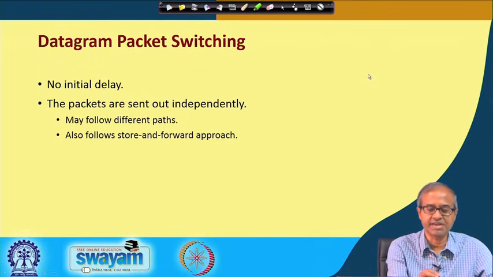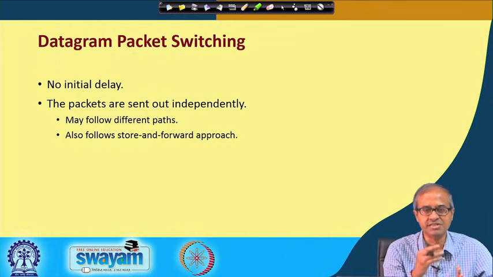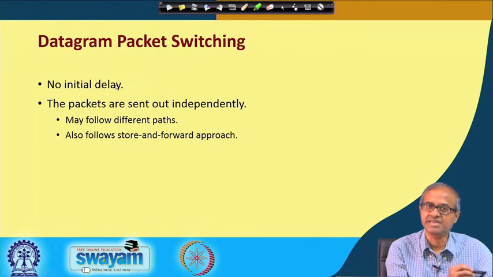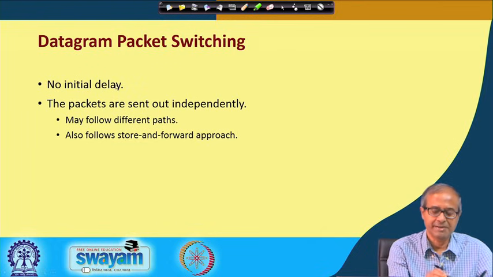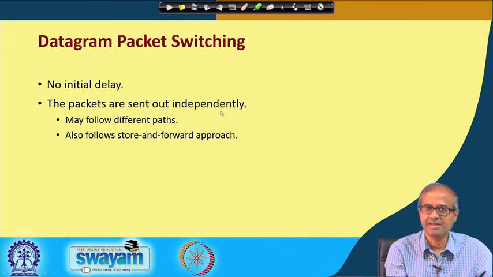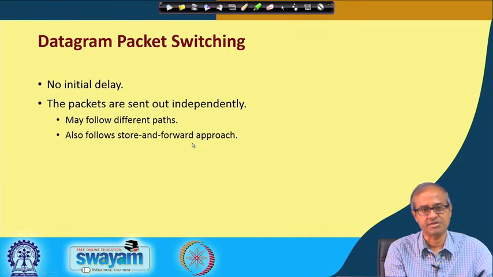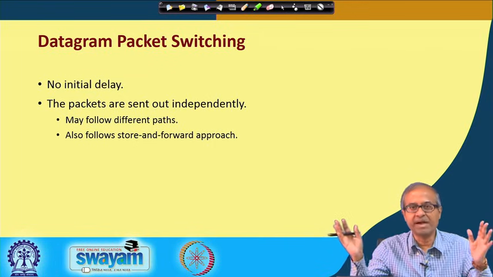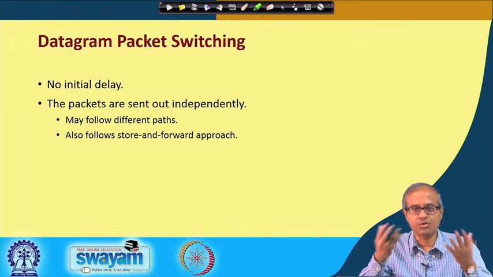Now, talking about the datagram packet switching, because there is no connection establishment phase, there is no initial delay. Okay. The packets are sent out independently, may follow different paths, and this also follows the store and forward concept. But if the number of packets is very large, then the total time required here may be more as compared to virtual circuit.